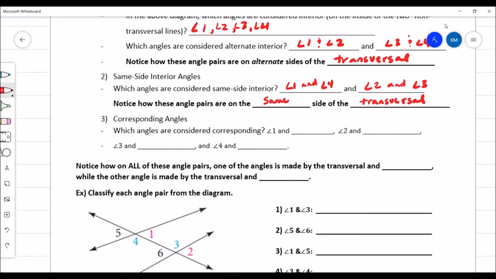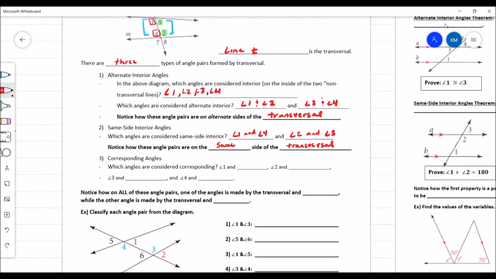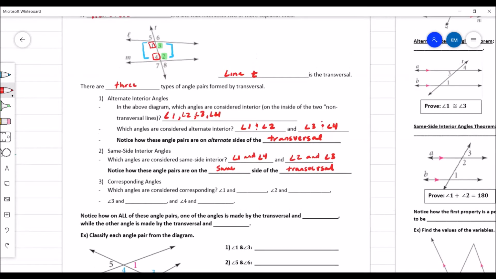Okay, corresponding angles. Back up so we can still see the diagram here. So which angles are considered corresponding to angle 1 and angle 2? Angle 1 is corresponding with angle 7. Angle 2 is corresponding with angle 6.